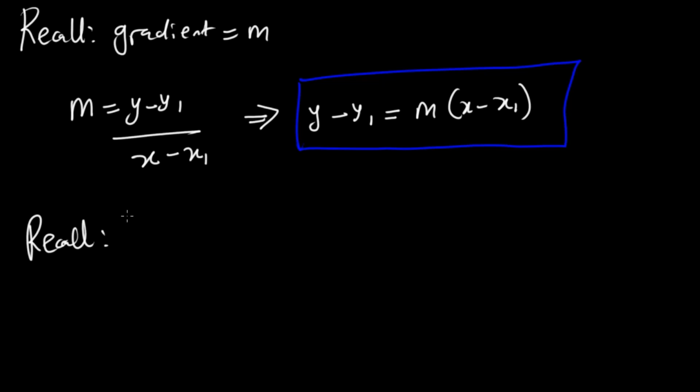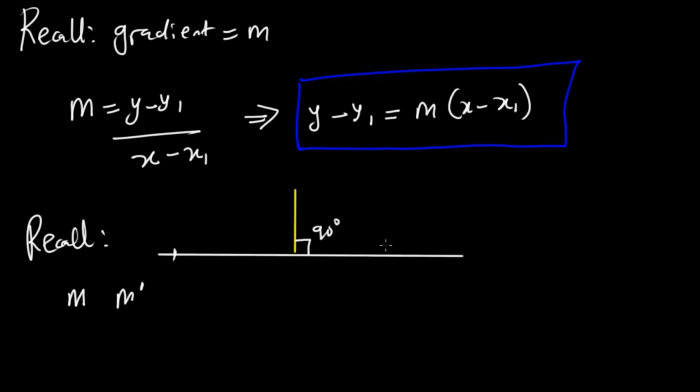Lastly, before going to differential calculus, also recall that under equations of a straight line, if you have two lines which are perpendicular to each other, say a line A and another line A prime, meaning that there's an angle of 90 degrees between the two lines, and if the first line has a slope of m, and the second line has a slope of m prime, the relationship between these two slopes is m prime is going to be -1 over m.